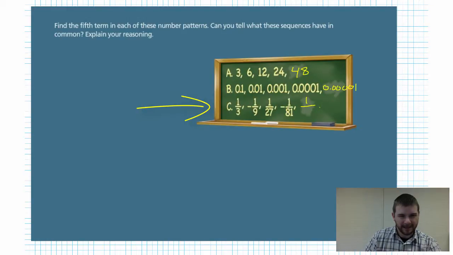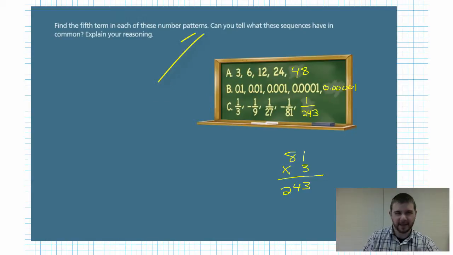And I notice the denominator, 3 times 3 is 9, 9 times 3 is 27, 27 times 3 is 81, and 81 times 3, 243. And therefore our next term in the sequence is 1/243rd.